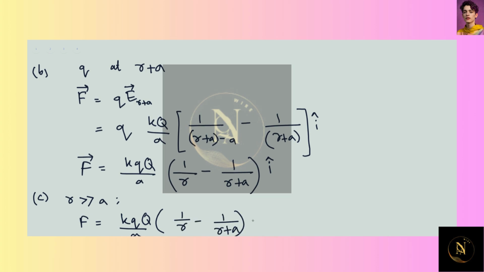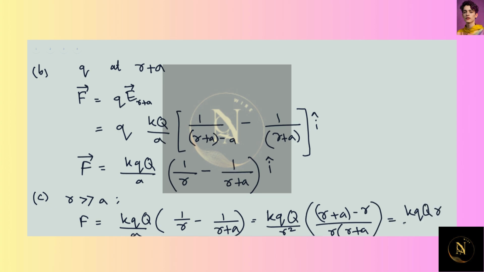Solving this part inside the parenthesis, we get kQq over a times r plus a minus r over r times r plus a, and this is equal to kQq times a over r times r plus a.